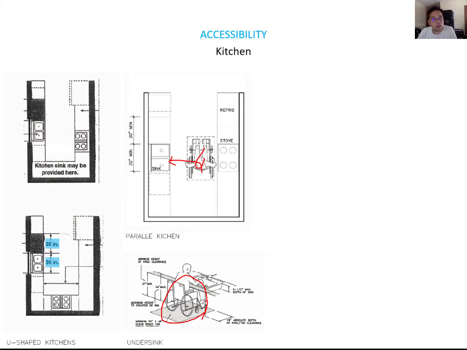However, an accessible unit doesn't allow using an under cabinet, or it uses a removable cabinet. Sometimes people who use a wheelchair are tenants who can easily take out the cabinet, and then the wheelchair user can use the sink and easily access under the sink without the under cabinet. That's why in an accessible unit you always take out the under cabinet, so the wheelchair can access and work at the sink. Okay.